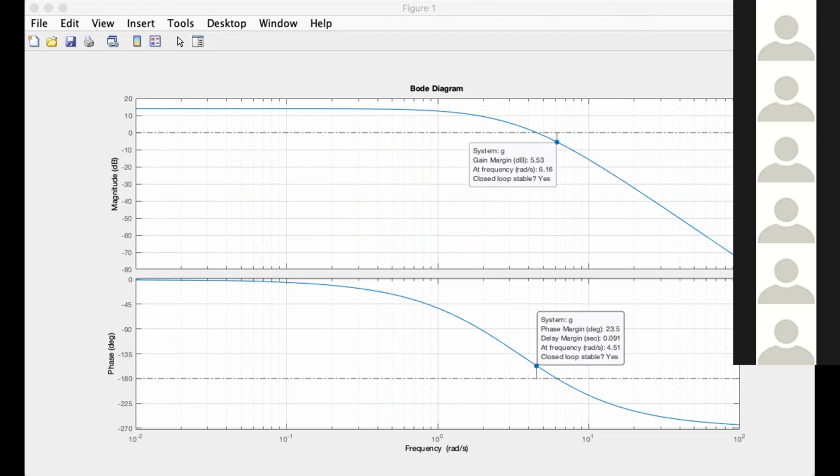So if one of them is negative, will it still be stable? No, it should not be like that. So if one is negative, both are negative. There is no such thing otherwise. So gain margin and phase margin positive, or gain margin and phase margin negative, or gain margin 0 decibel and phase margin 0 degrees. That is critical. Positive, stable; negative, unstable; 0 dB and 0 degree is critical.